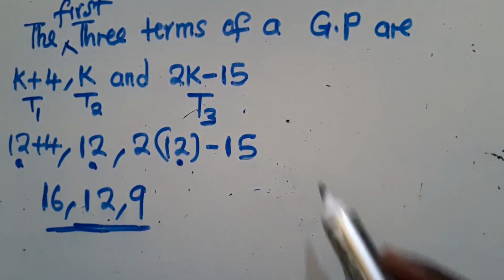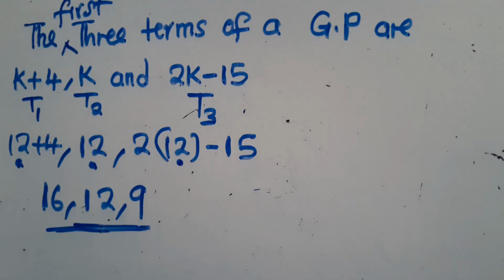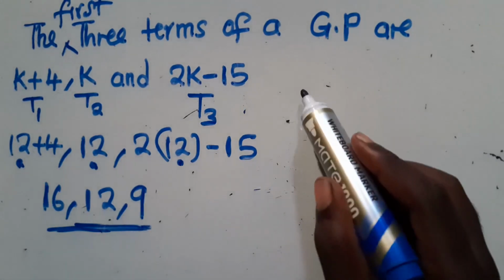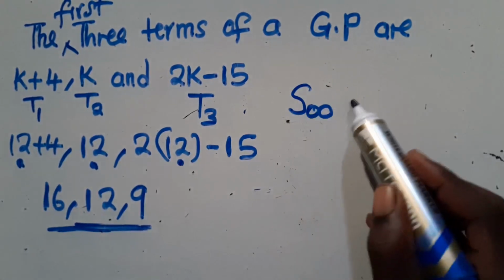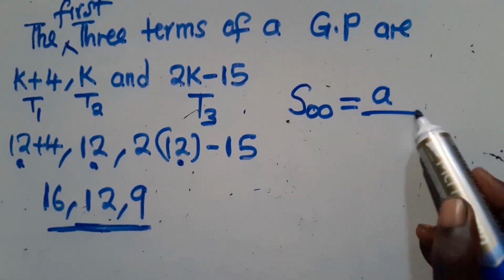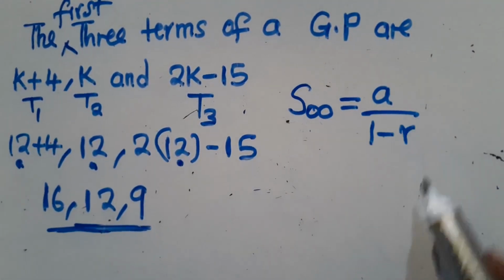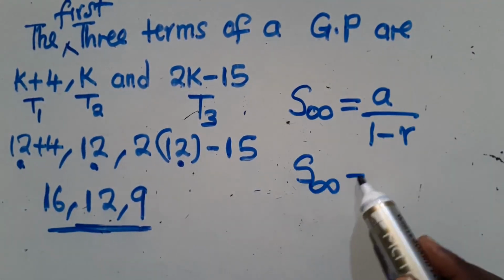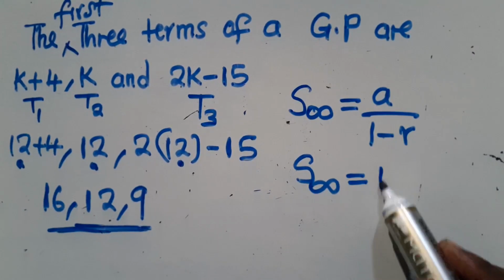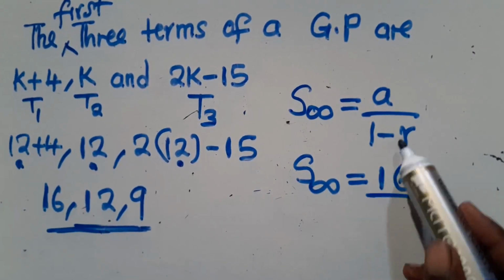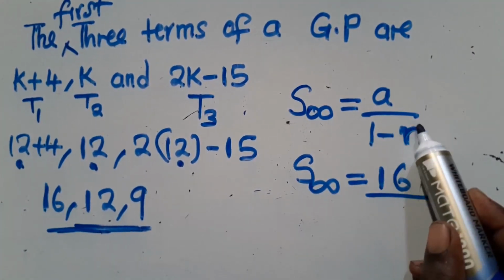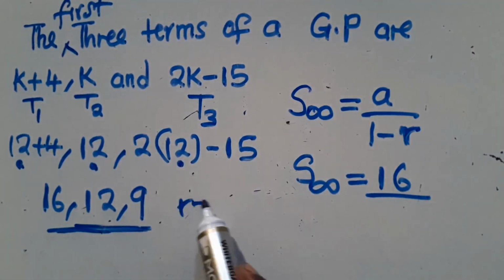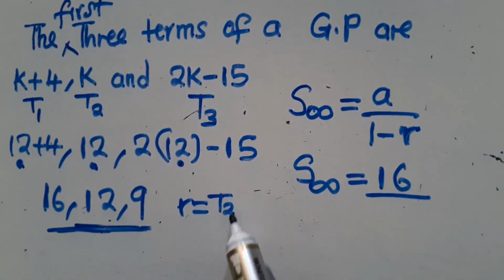Then the other question, the last one, is where you are told to find the sum to infinity. This is the formula. Sum to infinity is equal to a over 1 minus r. What is your first term? First term is 16 over 1 minus r. What is your common ratio? How do we find the common ratio? We say T2 divide T1.